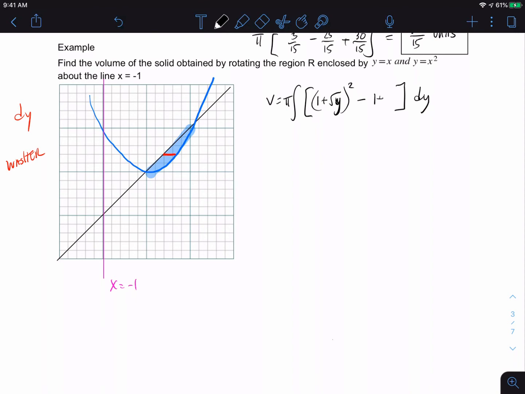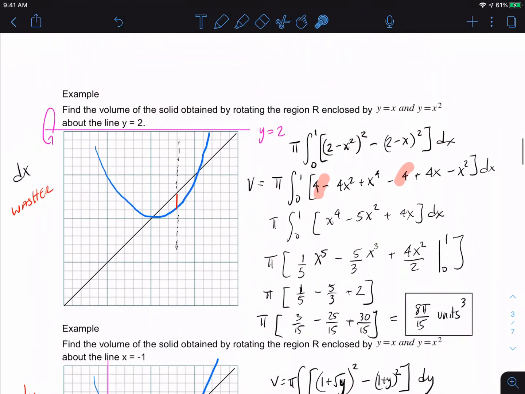It's going to be 1 plus y squared. Very good. Now, here's the thing that's so cool about this. When our slices are to the left of our functions, like this, left of the axis, we're going to add. If I'd had my slice here, it would have been the radius minus the function. So like in this example, it was above it, so it was 2 minus the function. If I had done it down here, it would have been 2 plus the function.